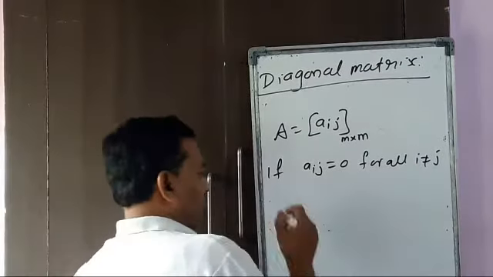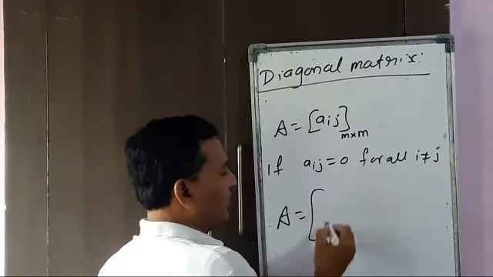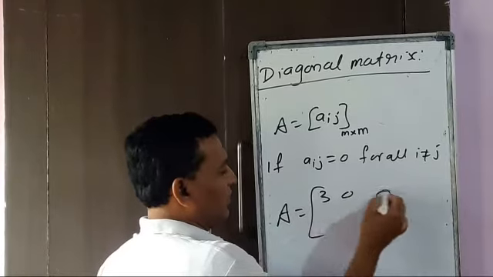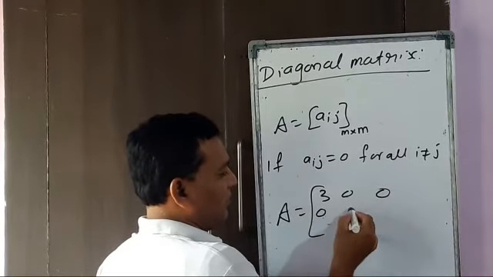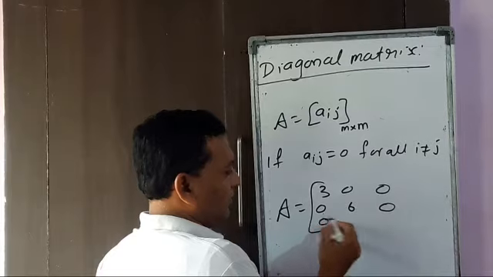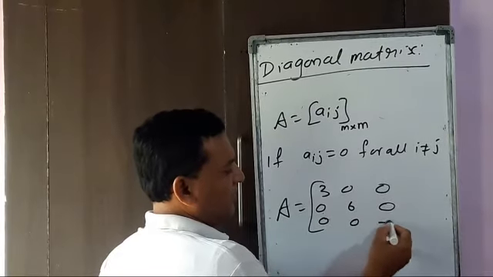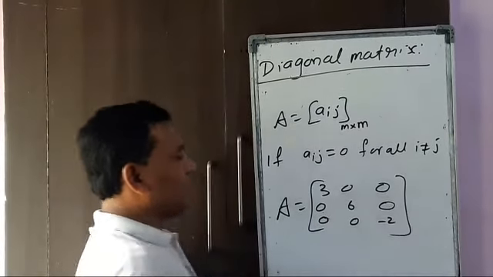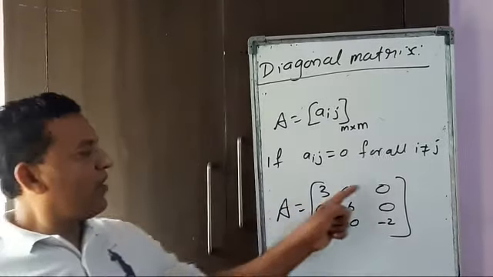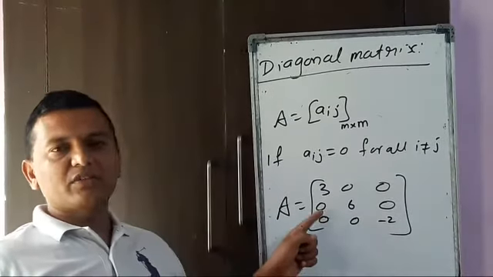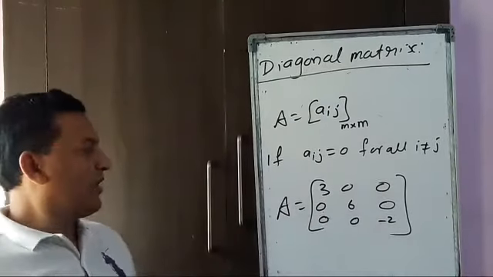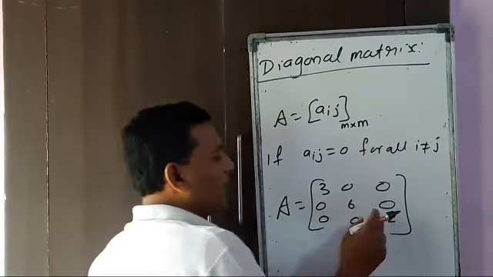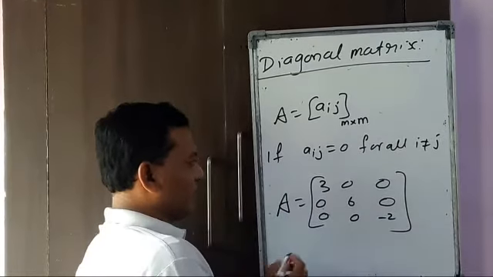Example: A is equal to 3 0 0, 0 6 0, 0 0 minus 2. This is a square matrix where all its non-diagonal elements are zeros and the diagonal elements are non-zero here.